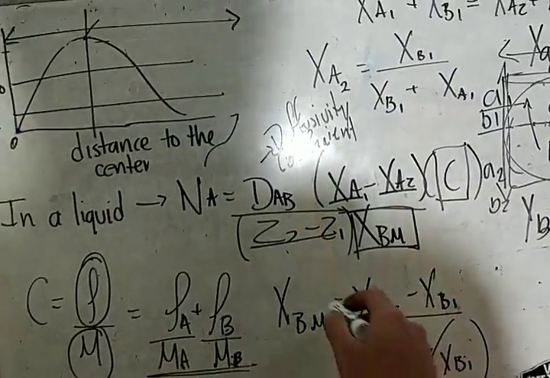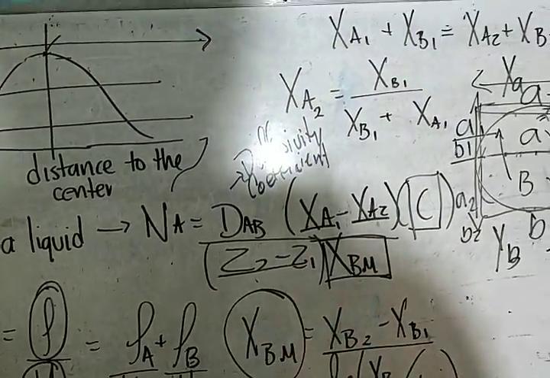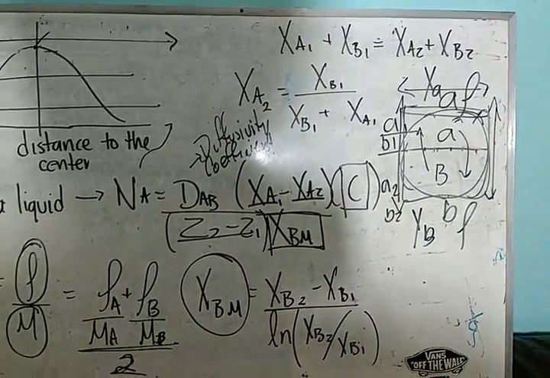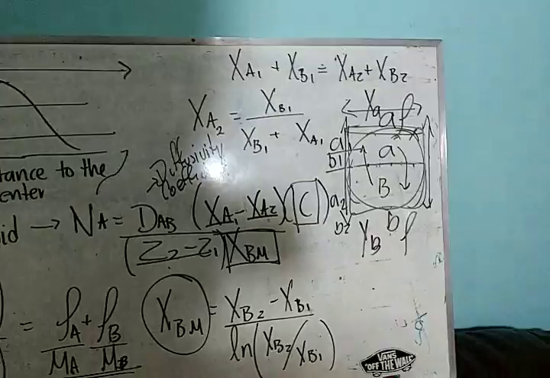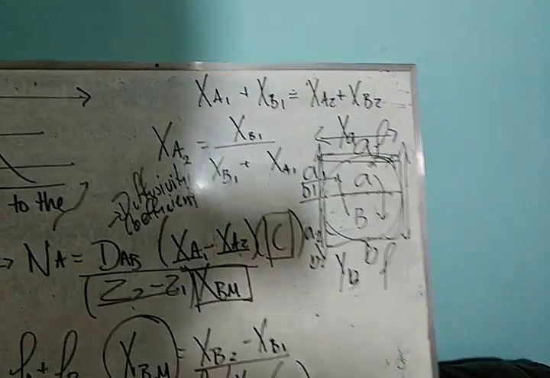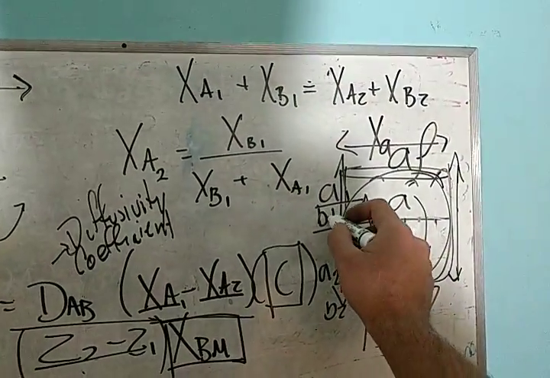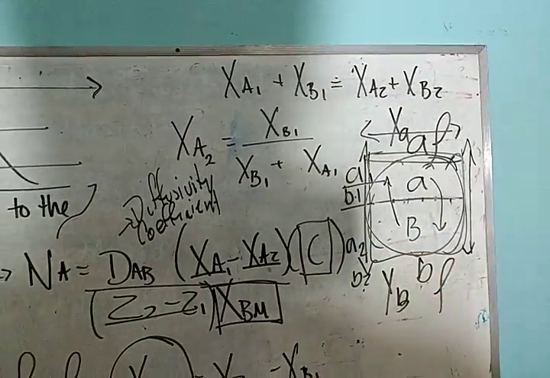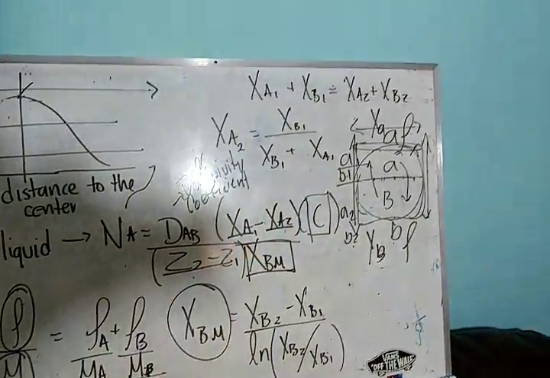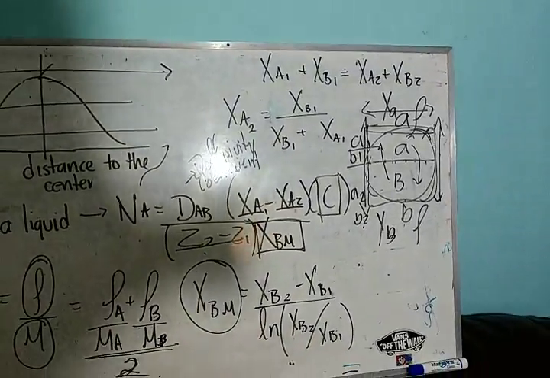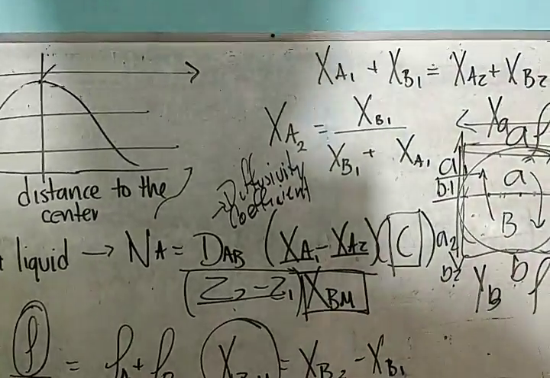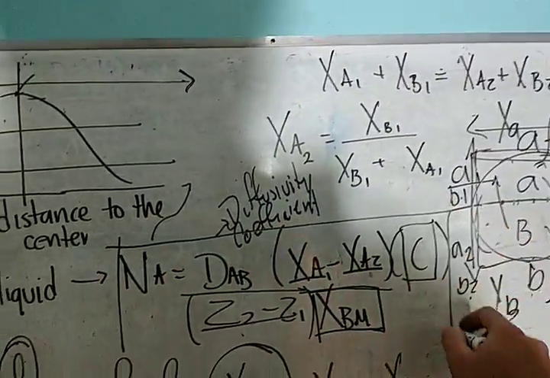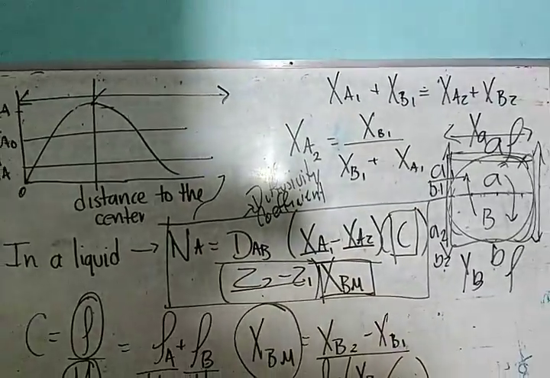Also, we have to know what's the concentration, what's the fraction that we have of the B part in all the system. Okay, remember that we have one part in here, one part in here. We have to know what's the concentration that we have in all the system of the part B. And according to that, we're going to use this equation, the equation of the diffusion.